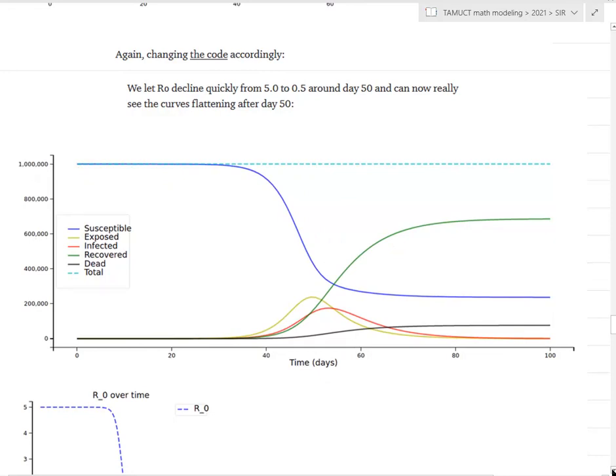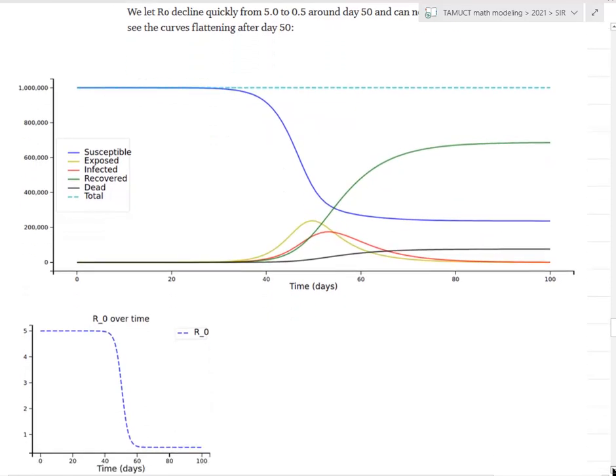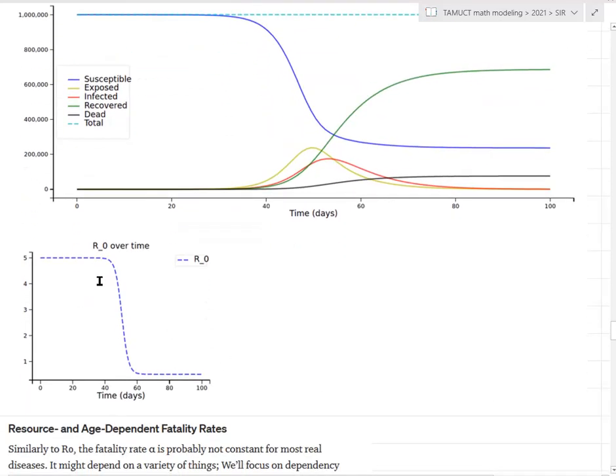All right, so in this case, let's see what this curve is doing. I think this graph here is produced for an R0 change, something like this. He doesn't give all the parameters for this model. It starts at 5 and seems to go down to 0.5 or something like that.